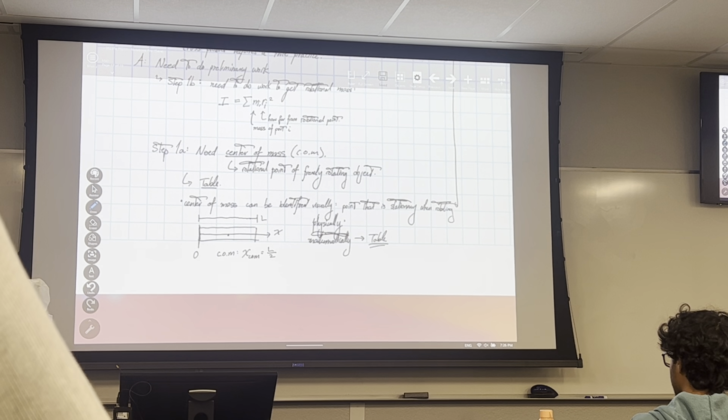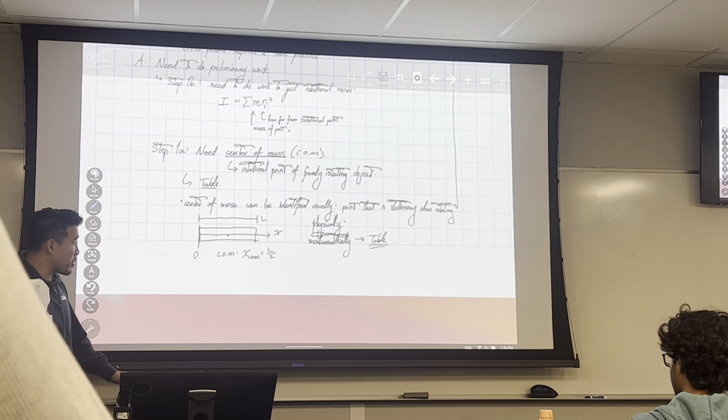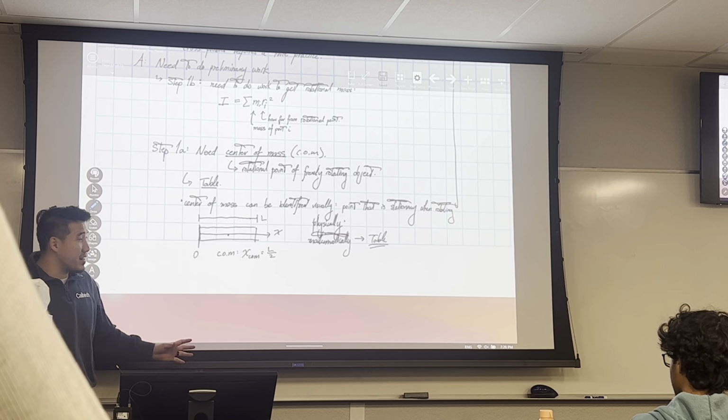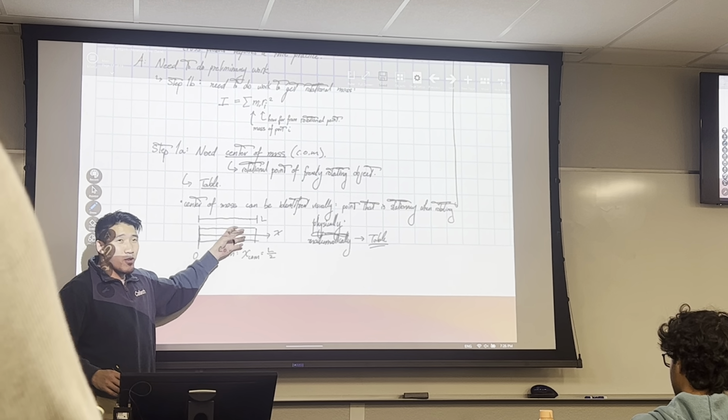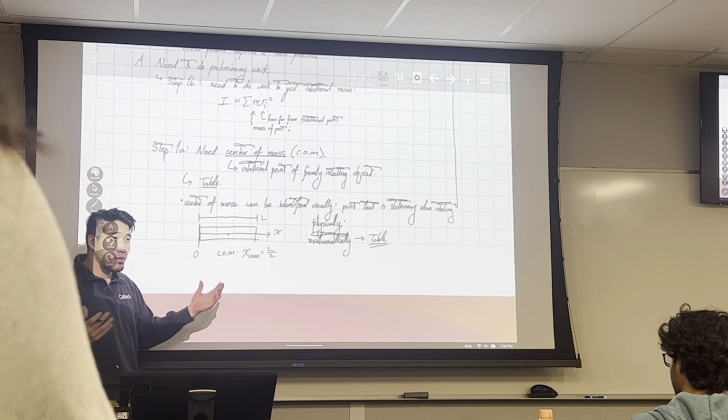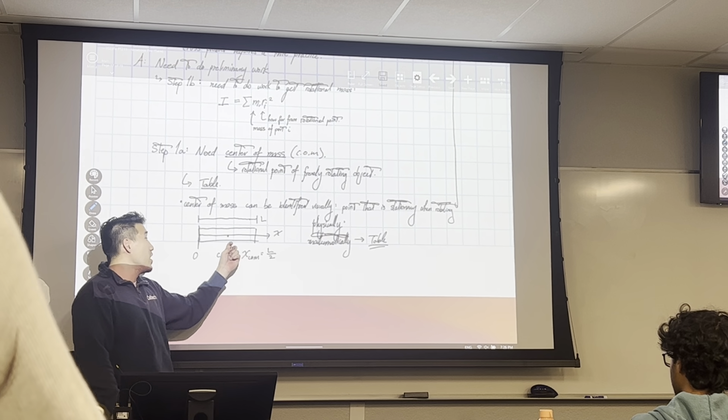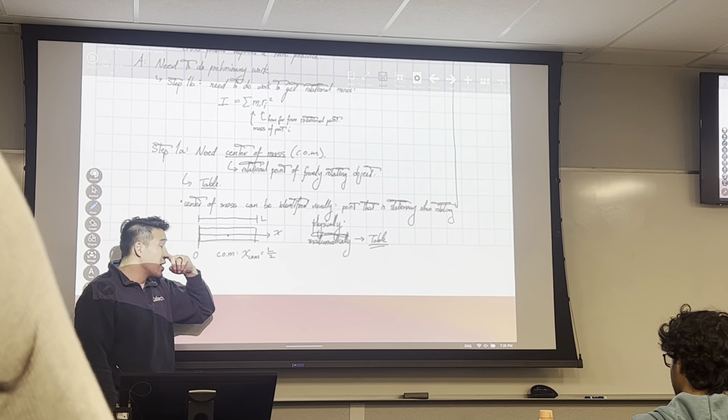So before you even do the problem, before you do anything about rotational motion, you need to understand what shape your object has, because that's going to determine what the center of mass is.